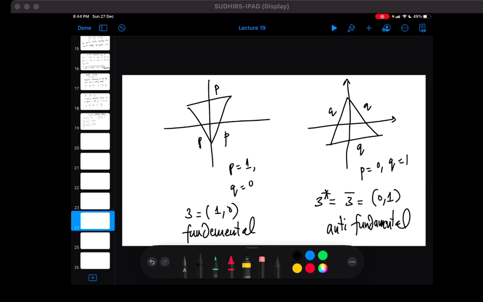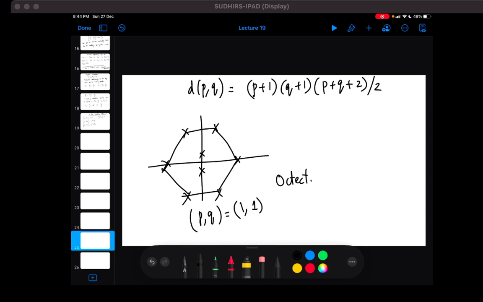One is a representation of lambda, which are the Gell-Mann matrices, another is a representation of lambda star, which is the anti-fundamental.